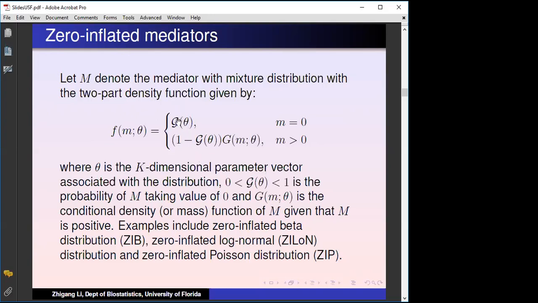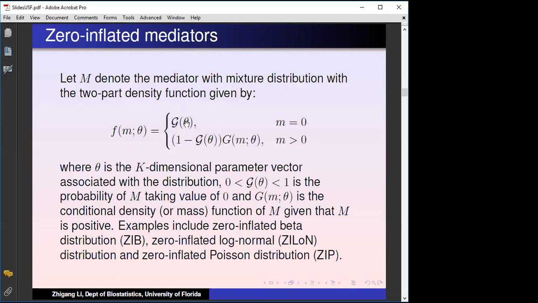So we formed a very general form for the zero-inflated distribution, because that's just a mixture of a point mass and another distribution for non-zero values. So it can be written in this way.